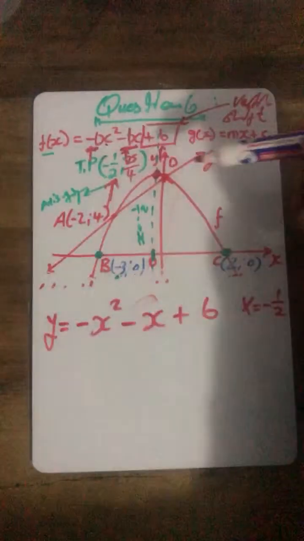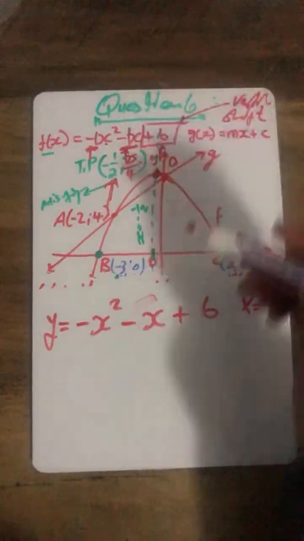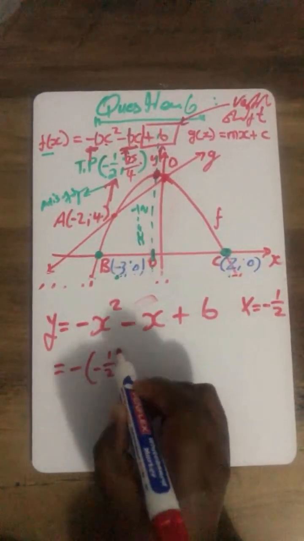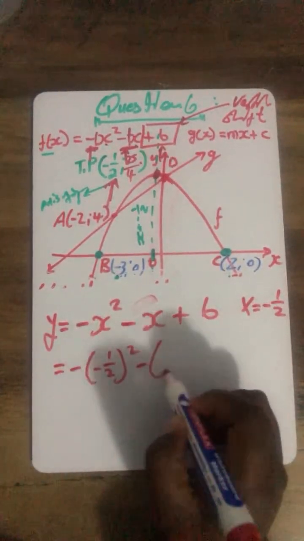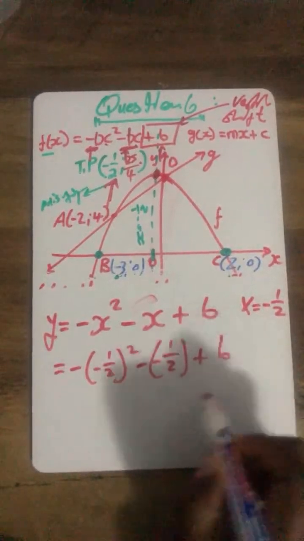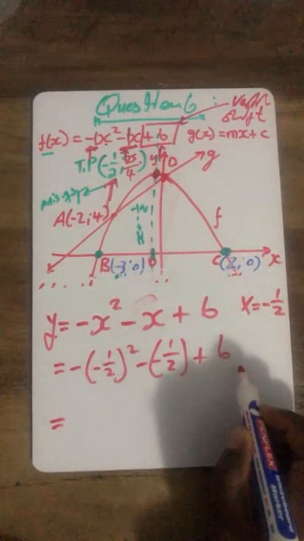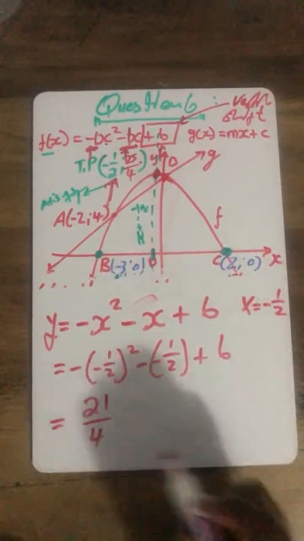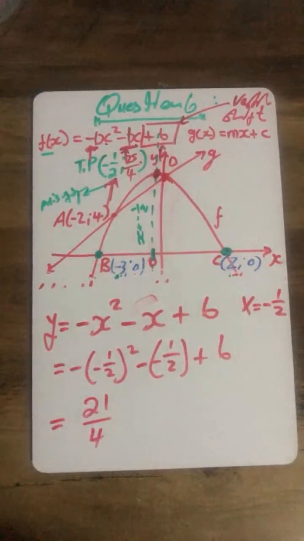So for us to get the corresponding y value, all that we do is substitute -half where we see x. If you punch all of that on a calculator, that's where you get the quarter.